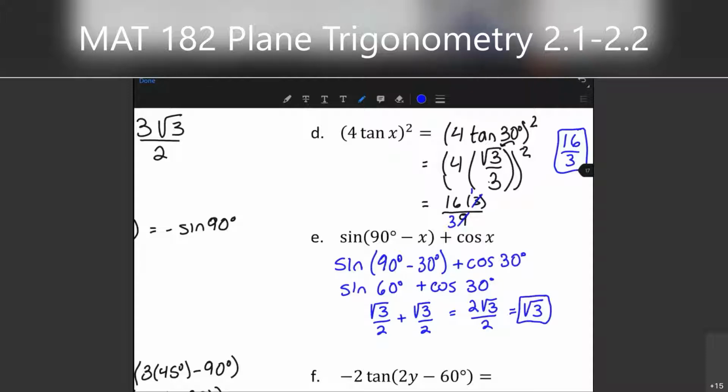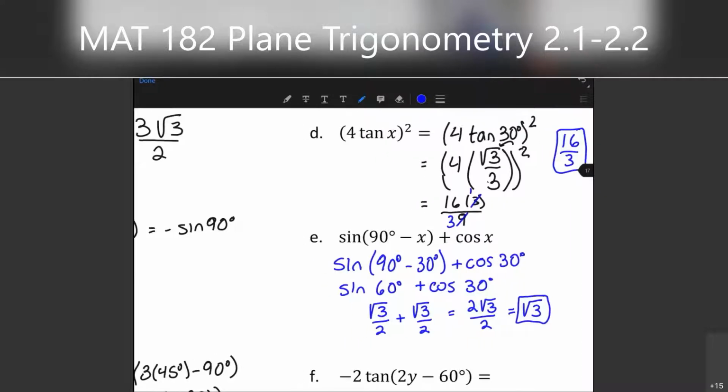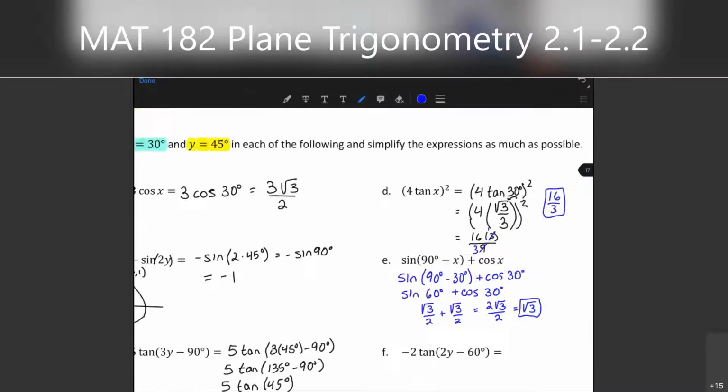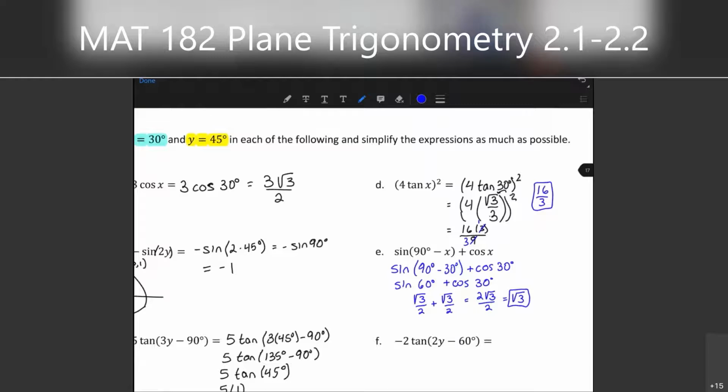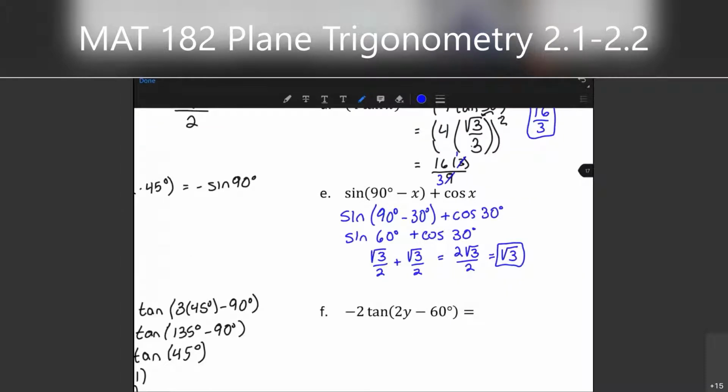And looks like we'll have time here. Let's do this last one as well before our break. We're going to be working with y, so the 45-degree angle. So let's simplify that last one. We have negative 2 tangent of 2 times y. Y, again, is 45 degrees, minus 60 degrees.